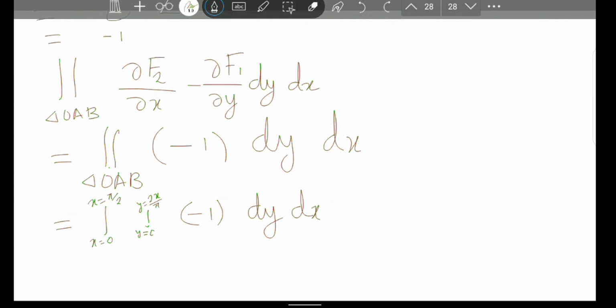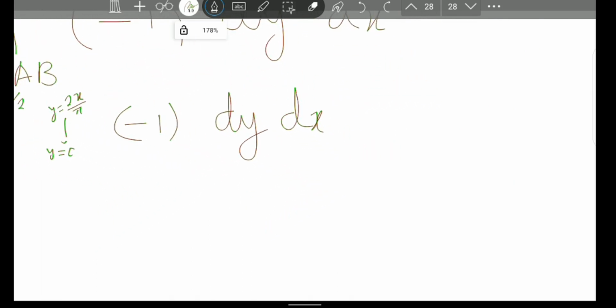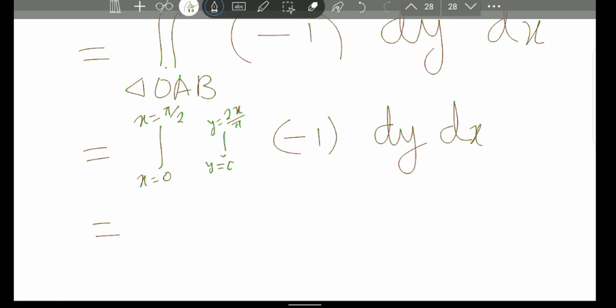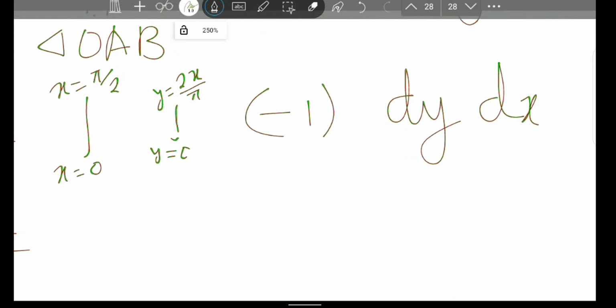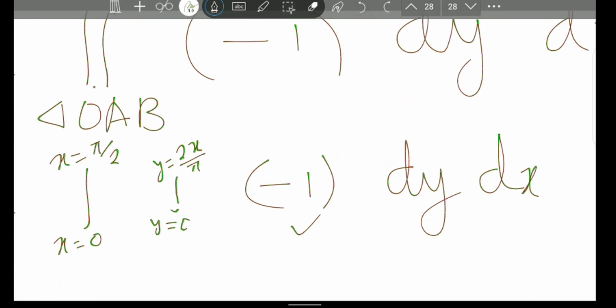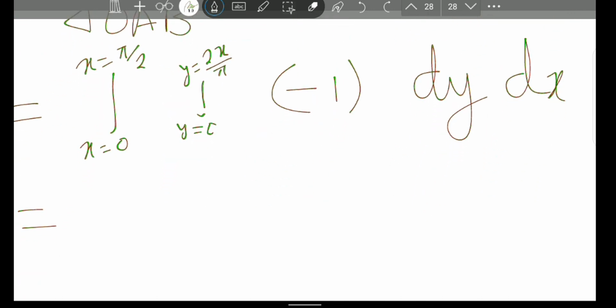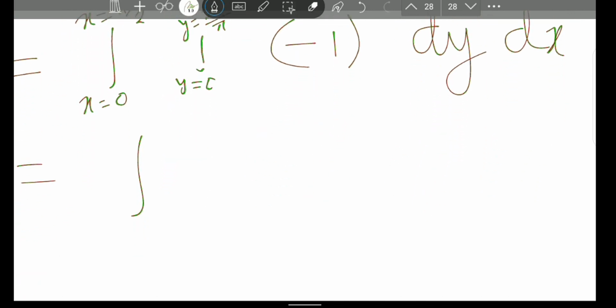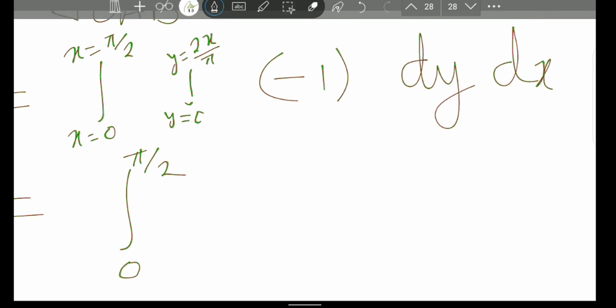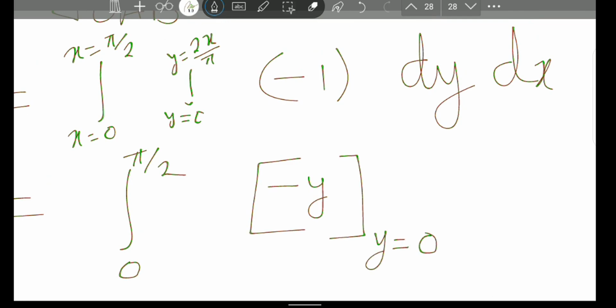So we are almost done now. The integral of minus 1 with respect to y is minus y. So x is changing from 0 to pi by 2, and y is changing from y equal to 0 to y equal to 2x by pi.